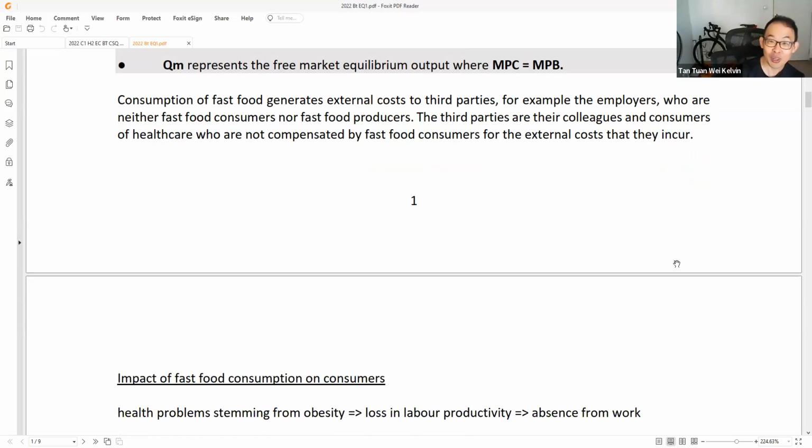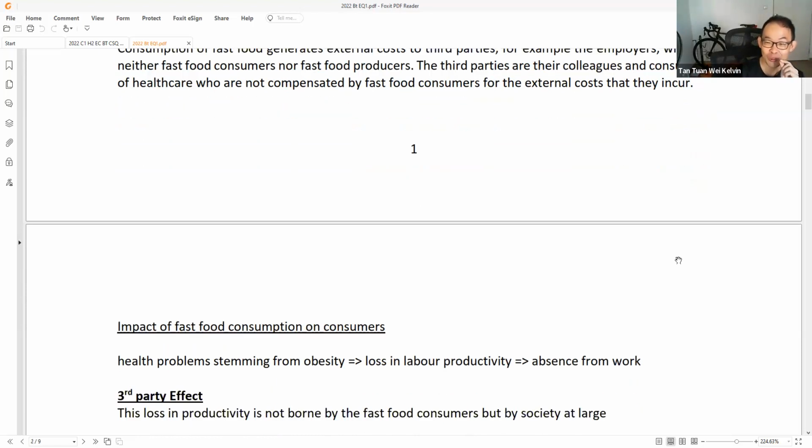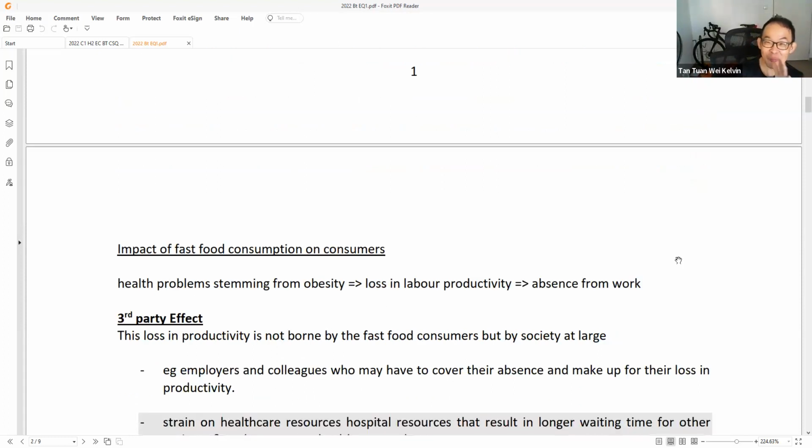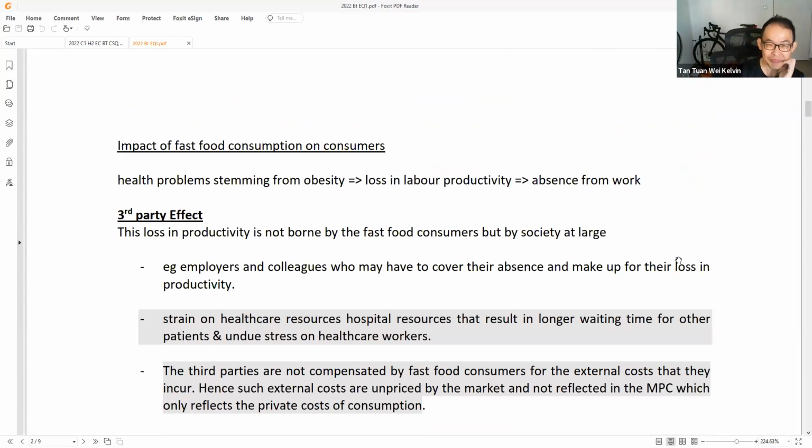I cannot teach you in class, and my colleagues have to take over my class. So I'm imposing an external cost on them. That's why I don't consider that. I should eat all the fast food I want. I don't think of the cost. Are you clear? So make sure you express third party cost carefully.